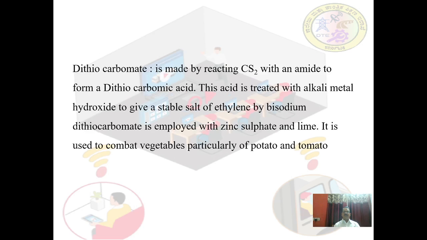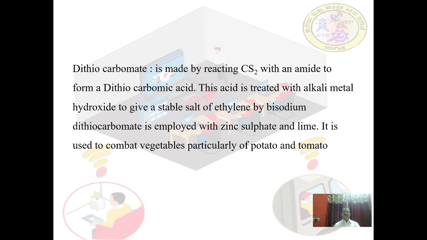Dithiocarbamate is made by reacting carbon disulfide with an amine to form a dithiocarbamic acid. This acid is treated with alkali metal hydroxide to give a stable salt of ethylene bisdithiocarbamate, which is employed with zinc sulfate and lime.